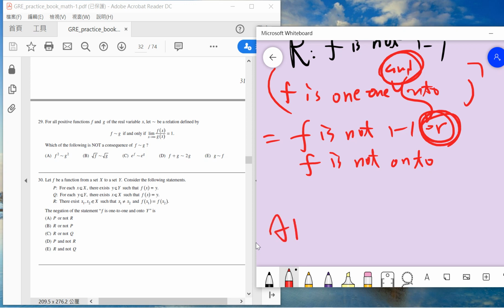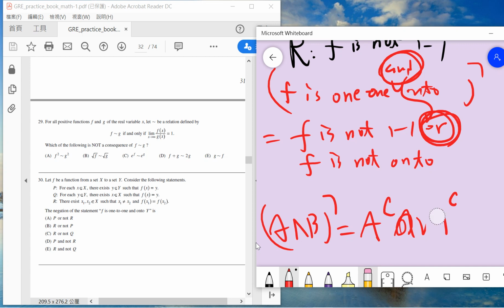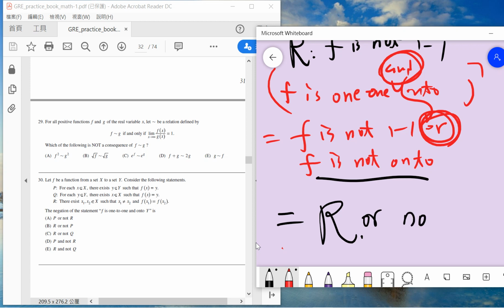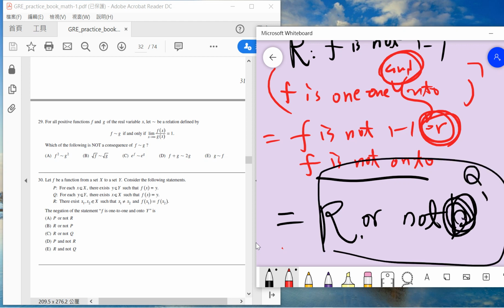So basically this is A and B. The negation is not A or not B. Okay, so f is not 1-1. This is R. Or not onto, so not Q. So the answer is C. The answer is C.